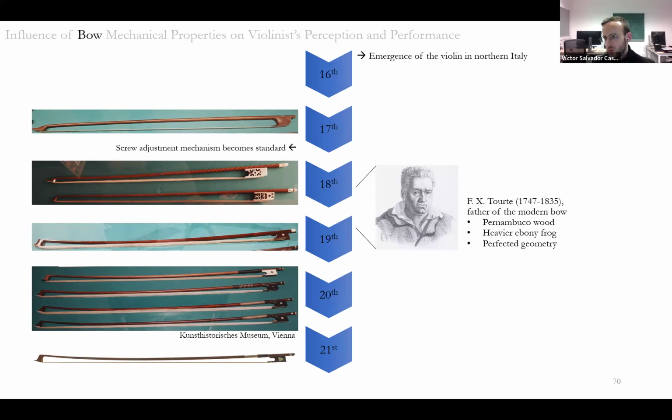When talking about bows, we perceive it through the sound of the violin, and we think we perceive it as, oh, this is a harsh bow, this is a soft bow, but it's also the feeling that comes through the right hand, and the comfort, in this loop that makes us establish these perceptual categories that we use to describe the bows.